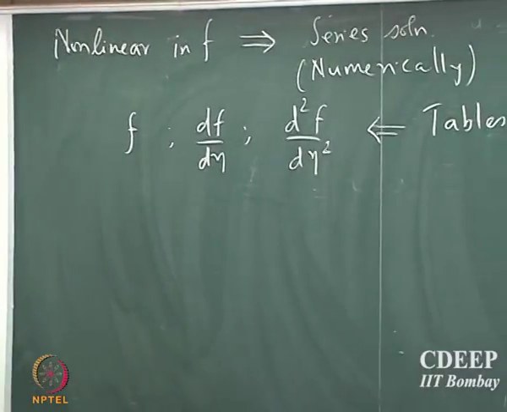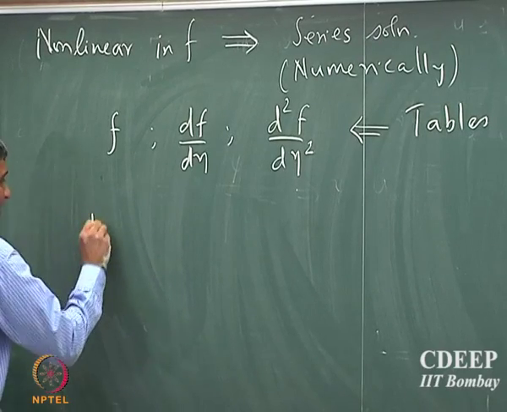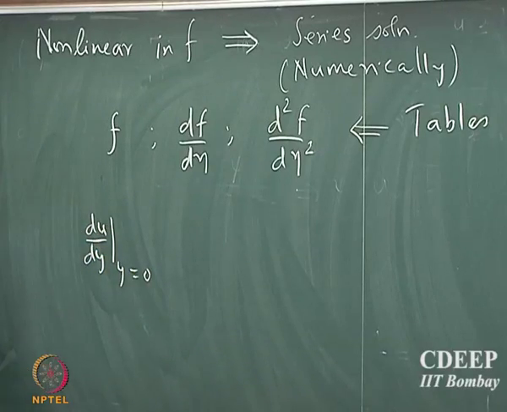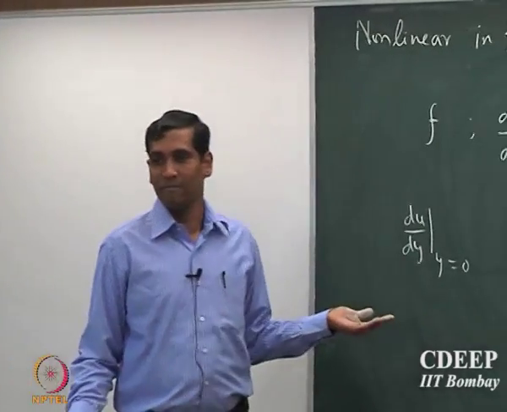Remember that what we really want is to find du by dy at y equal to 0, because that's what gives the friction coefficient. We are not interested in the whole profile, it's very boring to see the whole profile. What is really of interest is the friction coefficient, the heat transport coefficient and the mass transport coefficient. So if we know du by dy, we are done.